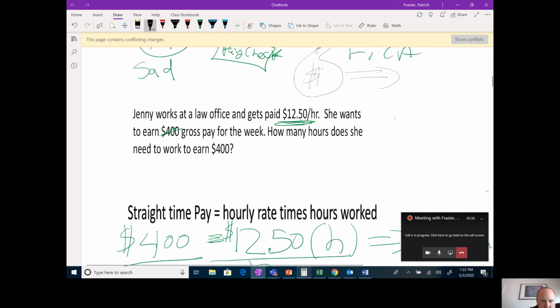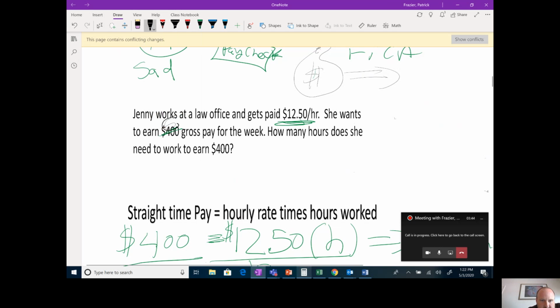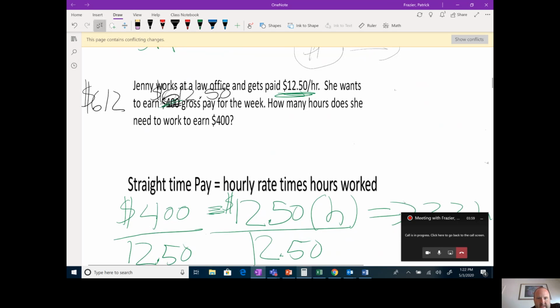But what if instead of $400, she wanted $612.50? Let me get that a little bit bigger here. She wanted $612.50. How many hours would she need to work to do that?